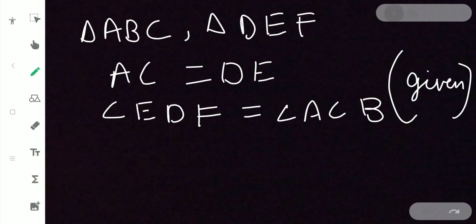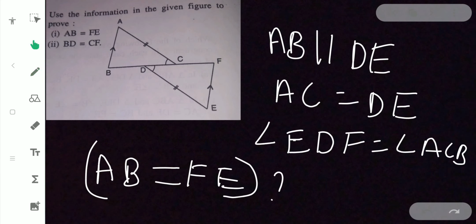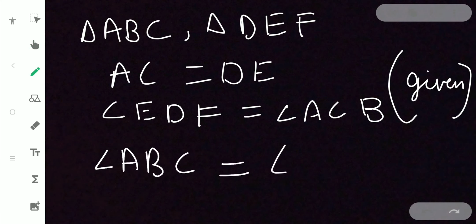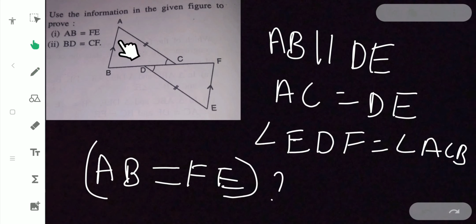Okay, now hope you know what alternate angles are. So angle ABC will be equal to angle DFE. Angle ABC is equal to angle DFE, and that's all.